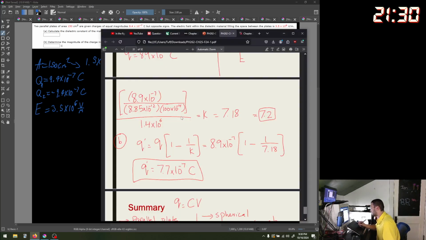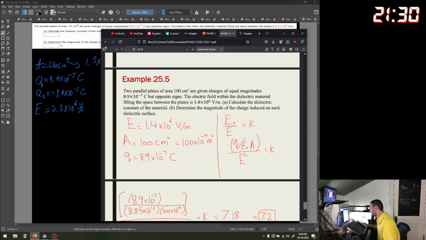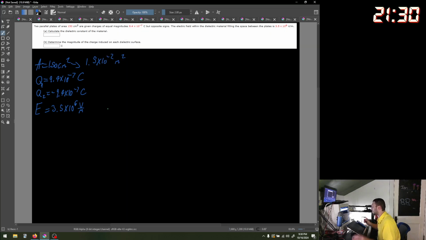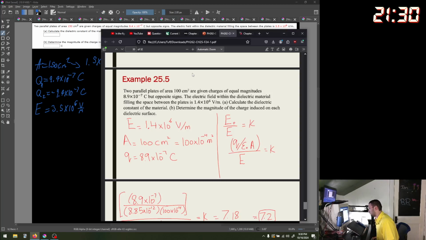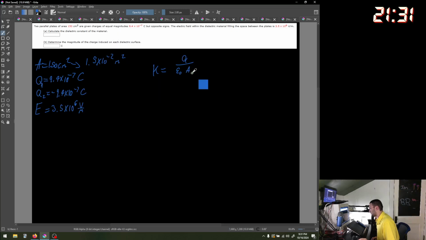So what we could say here is Q over epsilon 0 A over E equals K. Wouldn't this be the same as that? I'll leave it. So let's try it.